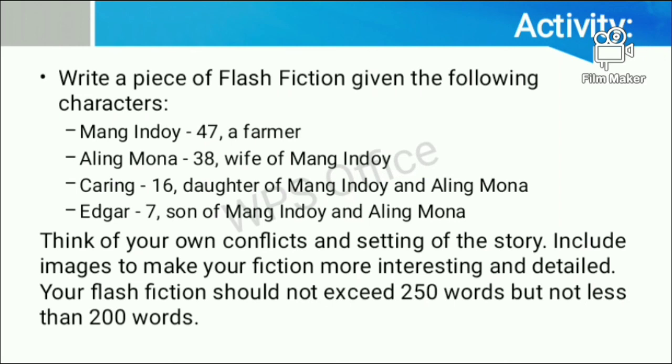So your flash fiction should not exceed 250 words, but it must not be less than 200 words. So, hindi siya ganun kahirap gawin since maikli lang naman po siya. So, make your story interesting. Okay? So, that's for this lesson.